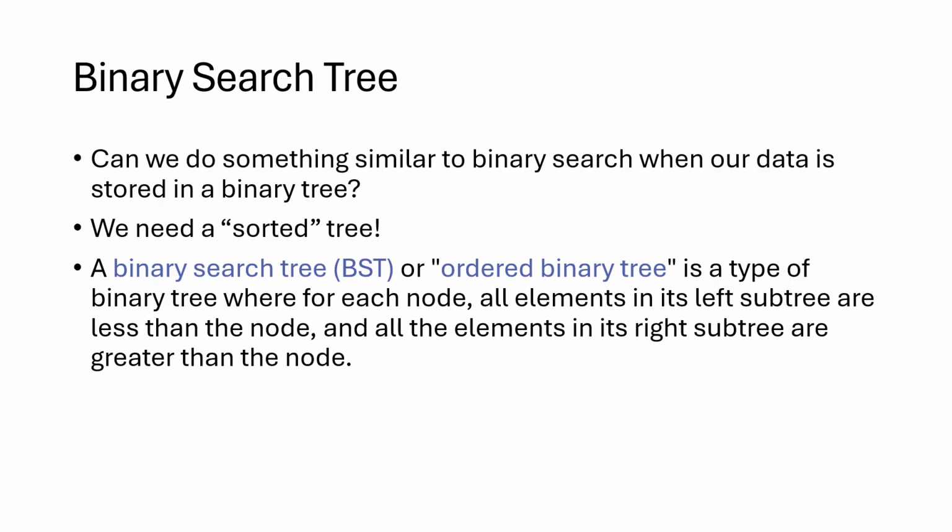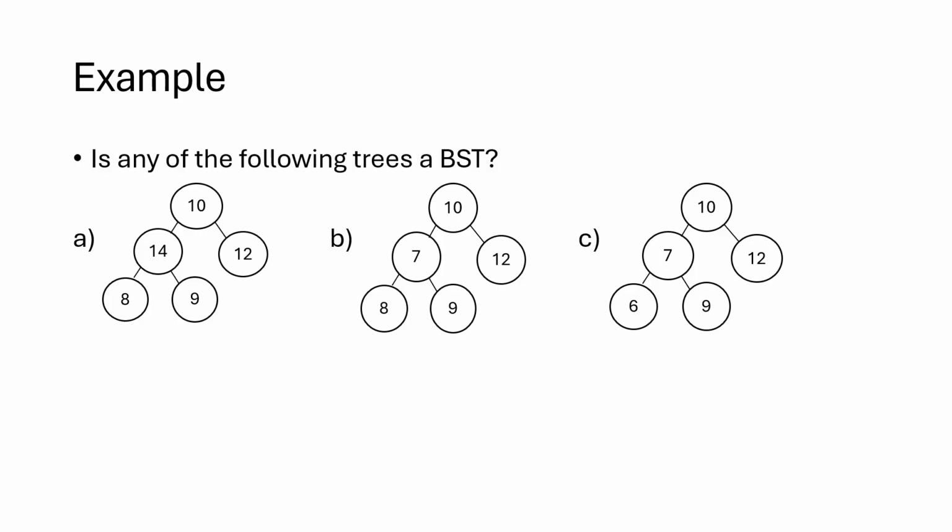Now, if this is a little bit too abstract, let's take a look at an example. So we have three binary trees here. It's easy to see that all of them are binary trees, and the keys stored in them are integers in this case. The question is, between A, B, and C, which one of them is a binary search tree?